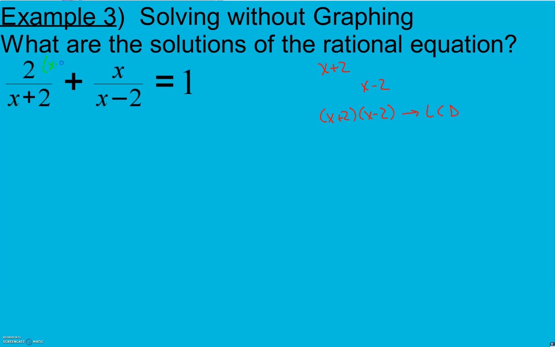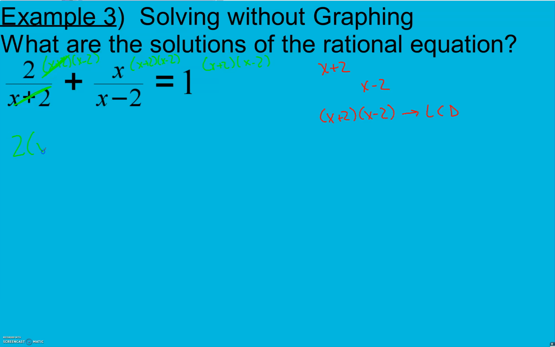So here I'm going to multiply by x plus 2, x minus 2. And again, we do that to every term in our equation. X plus 2, x minus 2. And I wanted to do that to show you here what would happen with that whole number. So on the left side, my first rational expression there, x plus 2 divided by x plus 2 is 1.